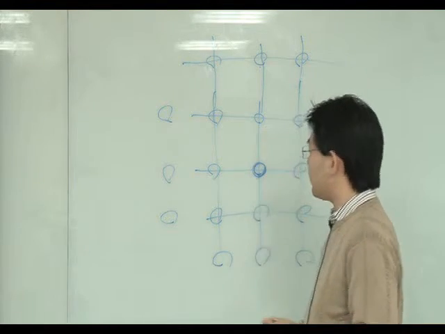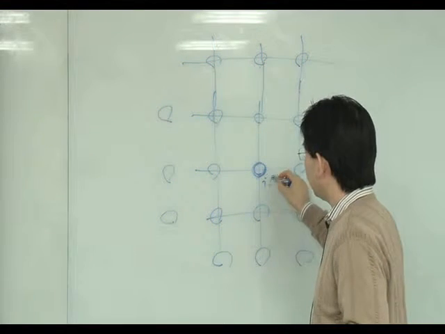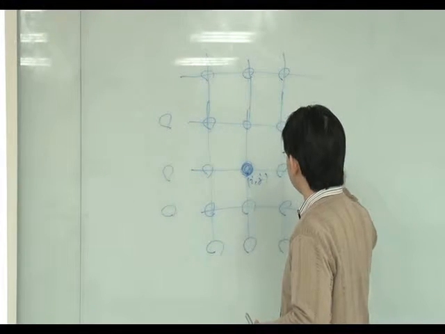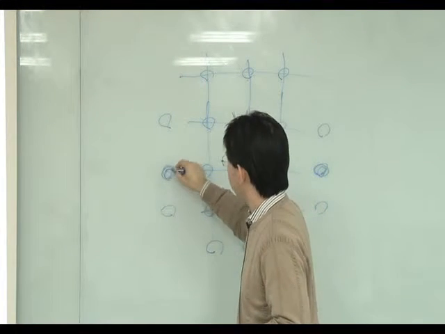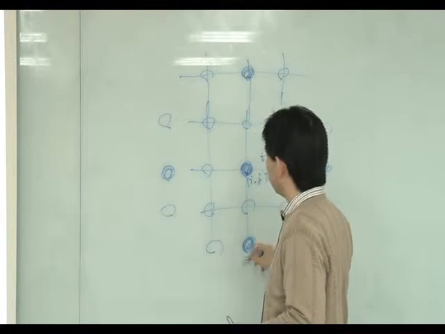For the estimation of the Poisson operator at the ij point, it requires this point, this point, this point, this point, and this point.